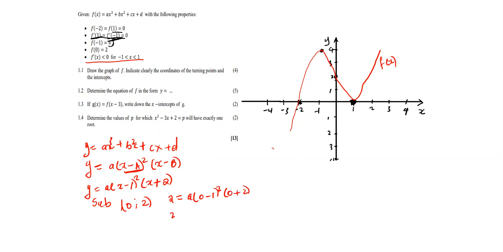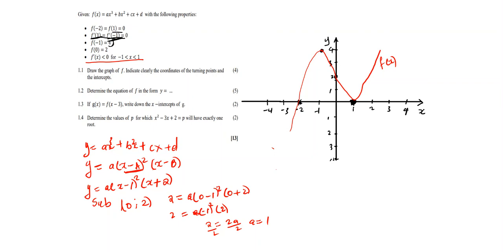Then 2 equal to a into negative 1 squared multiplied by 2, wherein we'll end up with 2 equal to 2a. Then we divide both sides by 2. We remain with a equal to 1. So the value of a is positive 1. Look at the shape and look at the value of a. They go hand in hand, or hand in glove.